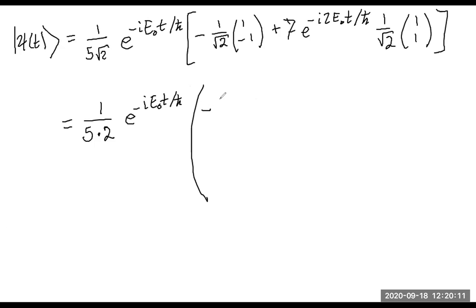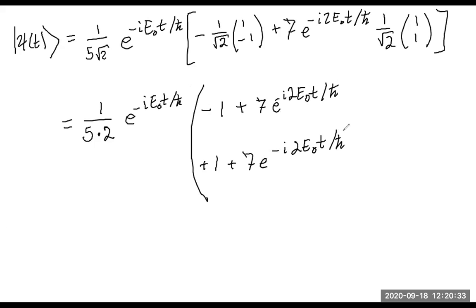I get minus 1 plus 7 e to the minus i 2 E naught time over h bar. And then minus times a minus, that's plus 1 plus 7 e to the minus i 2 E naught t over h bar.